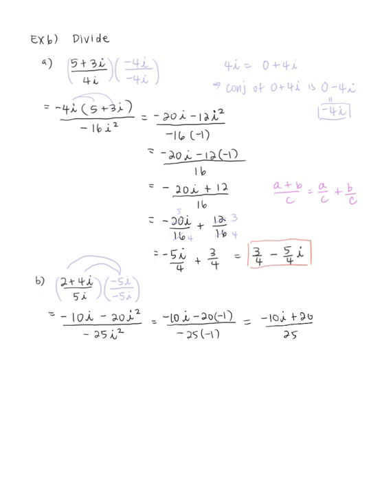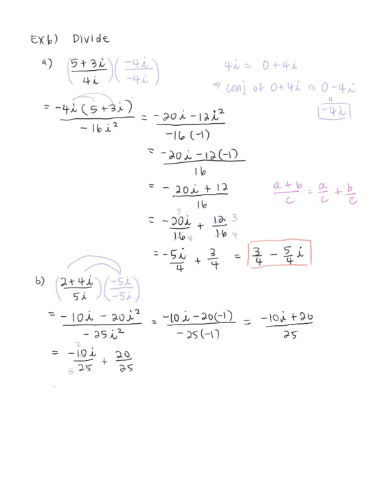Okay, next step, what do we do? Split them up. So next one is going to be negative 10i over 25 and then plus 20 over 25. Okay, we can do this. So let's reduce the fraction. What goes in? 5 goes into 10 twice, into 25 five times.